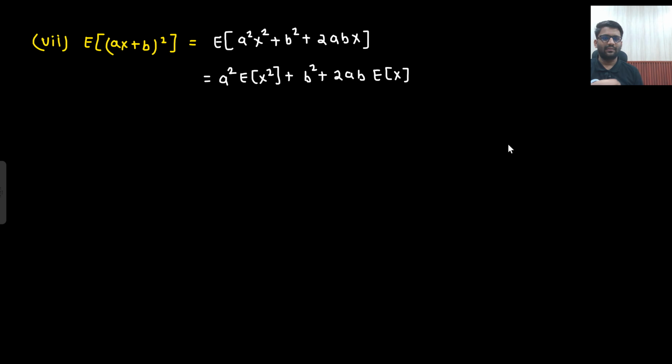The answer is a square expectation of x square plus 2ab expectation of x plus b square. There you go, this is the answer.